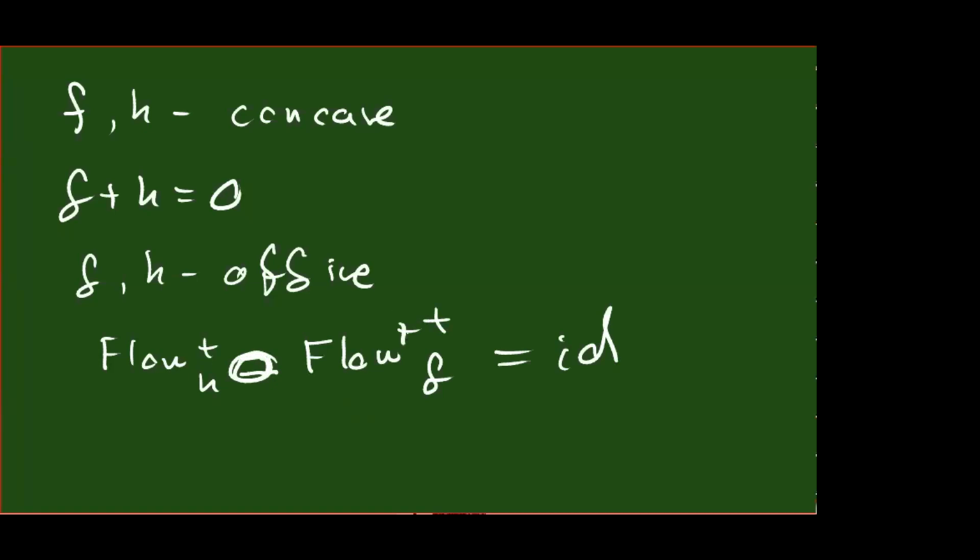Sorry, that's also plus here. Okay, so these two flows invert each other. In particular, we know that not only is the future of this flow uniquely defined, but the past also, right?